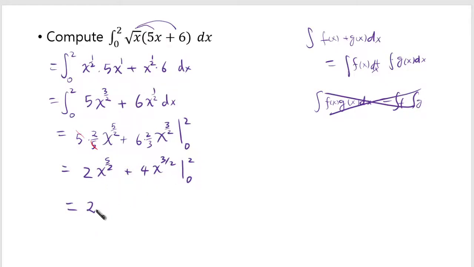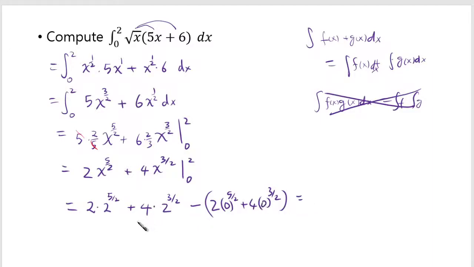You get 2 times 2 to the 5/2 plus 4 times 2 to the 3/2, and then minus, and then you plug in 0: 2 times 0 to the 5/2 plus 4 times 0 to the 3/2, but 0 to positive powers is 0, right? So this is 0, and you just get that, okay?